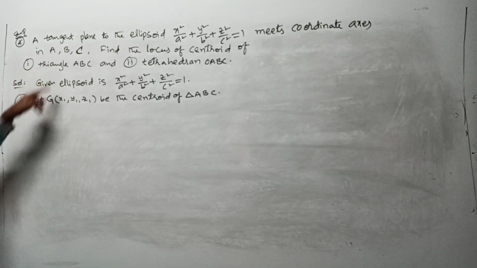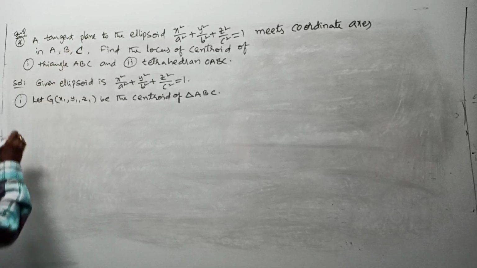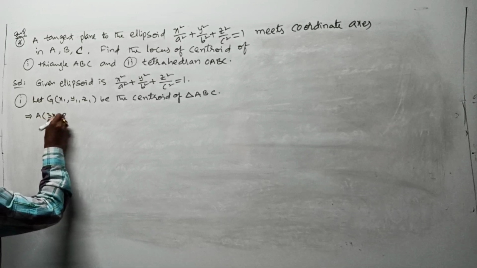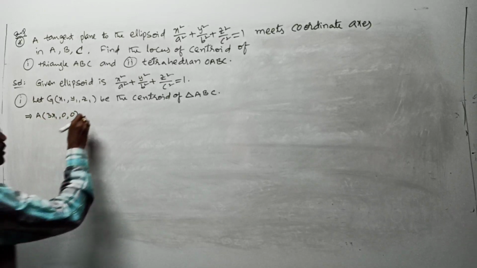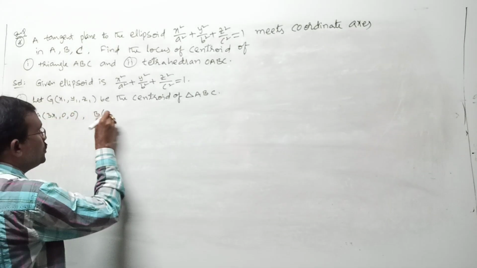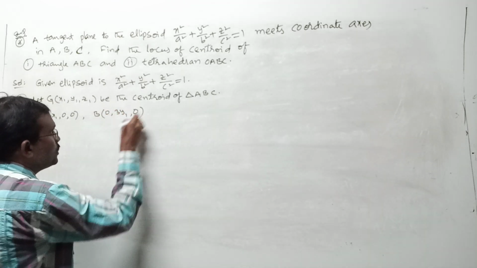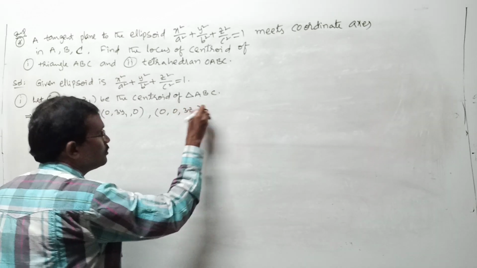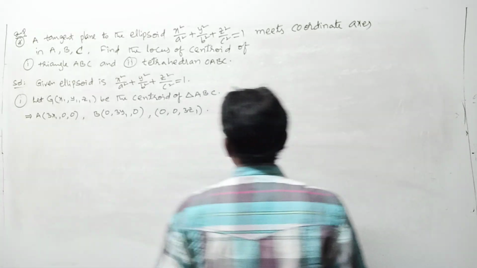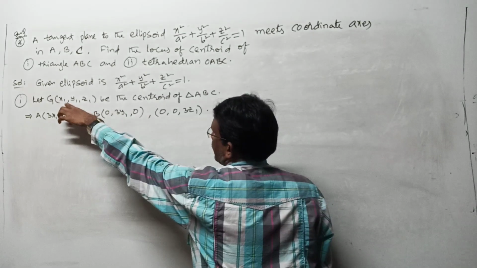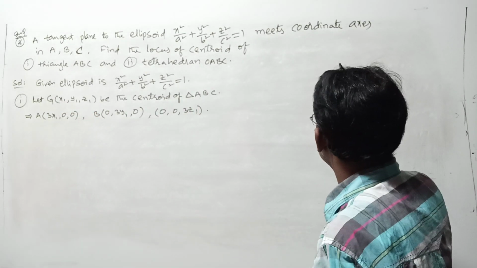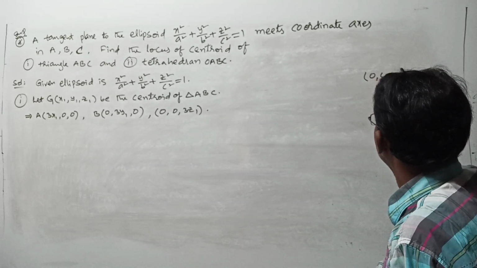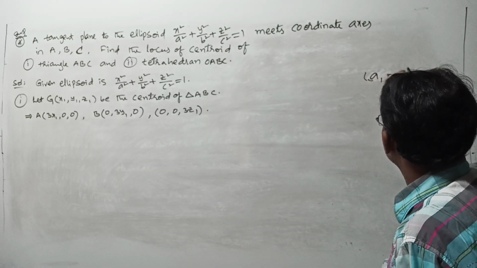Then what are the points A, B, C? This implies A point becomes 3x1, 0, 0. How is it? I will explain. B point is 0, 3y1, 0. And C point is 0, 0, 3z1. The reason is this. x1 is the centroid's x coordinate. If the plane meets the x axis at A, the point should be some A, 0, 0.